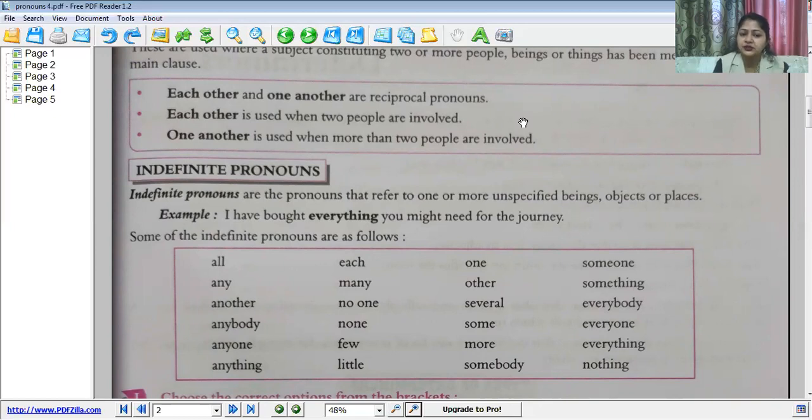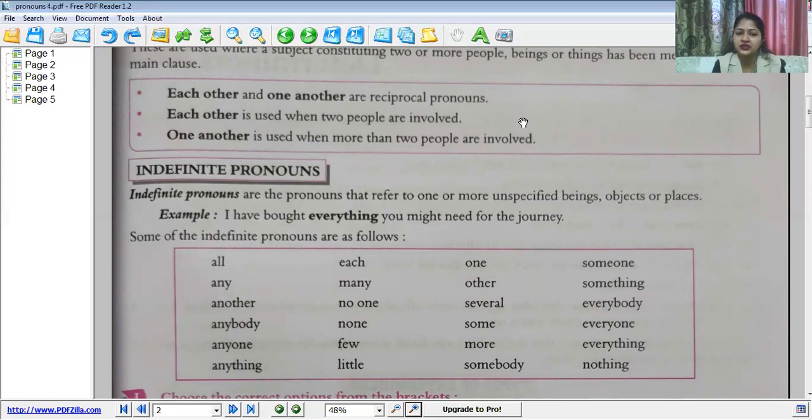Some examples of indefinite pronouns are all, any, another, anybody, anyone, anything, each, many, no one, none, few, little, one, other, several, some, more, somebody, someone, something, everybody, everyone, everything, and nothing.